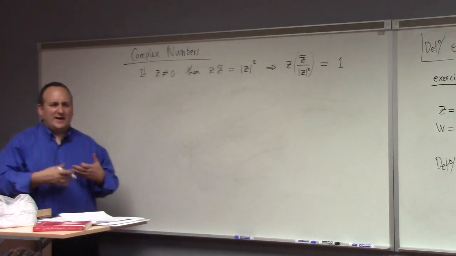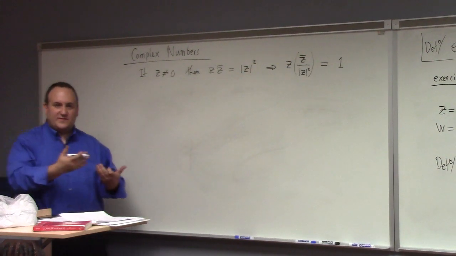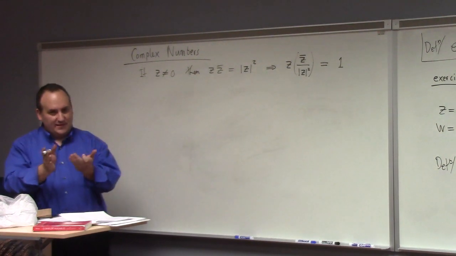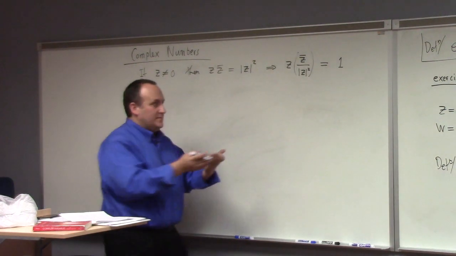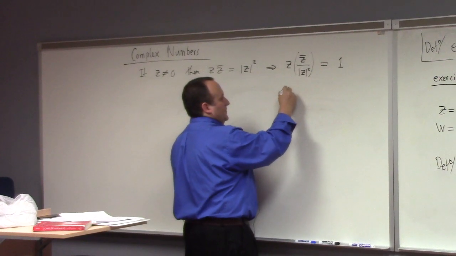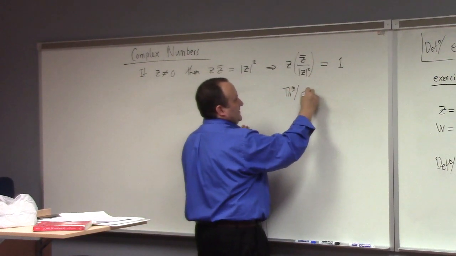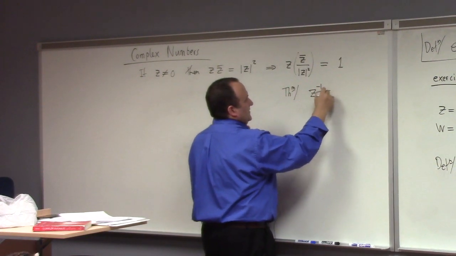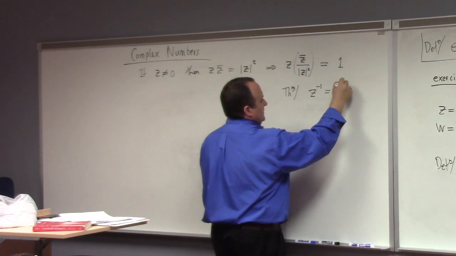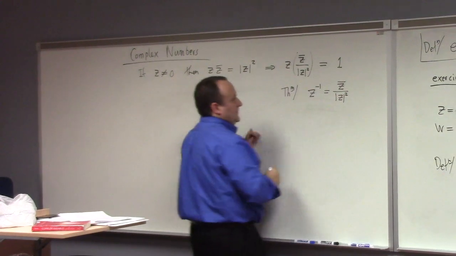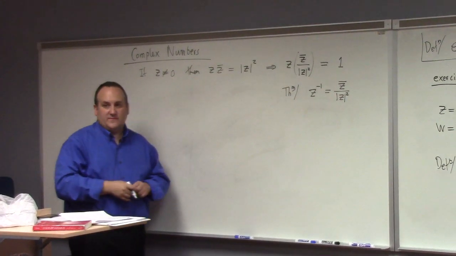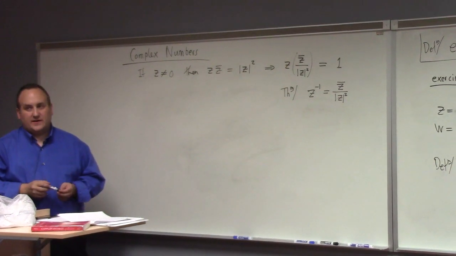So what would we mean by z inverse, the multiplicative inverse of z? It should be whatever we multiply by z and get back 1. What does this say? So therefore, theorem, z inverse is equal to z conjugate divided by the length of z squared. There you go. That's a formula for the multiplicative inverse of a complex number.